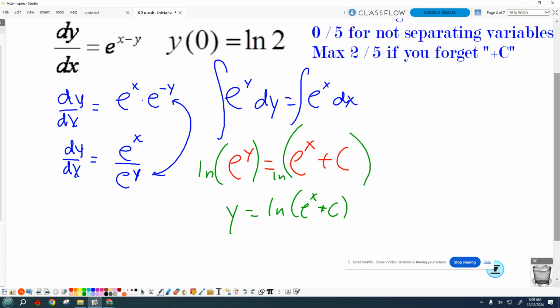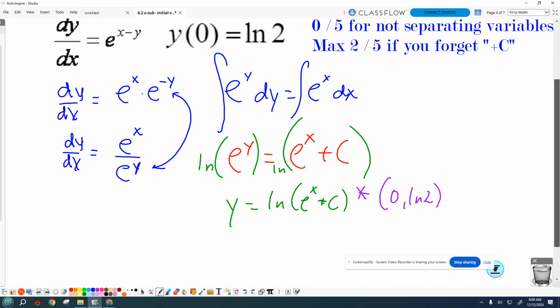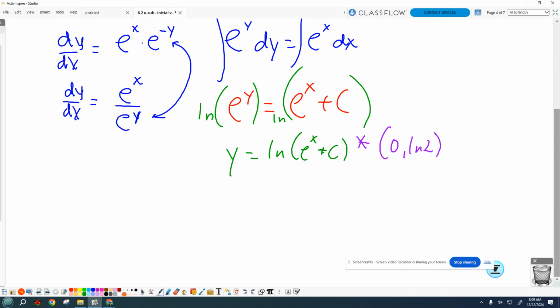The last thing I need to do is plug in this. Okay. Claire, how do I plug in that coordinate? 0 into e to the x, and then ln2 to y. Okay, what is e to the 0? 1.